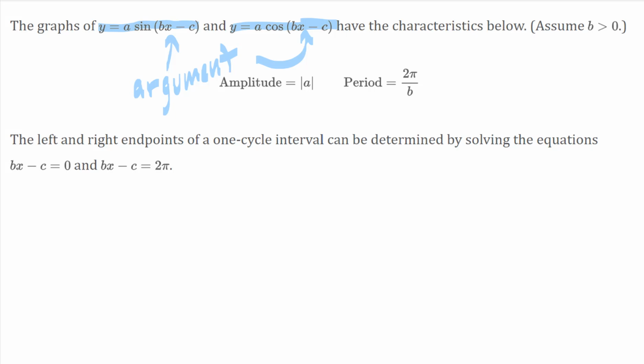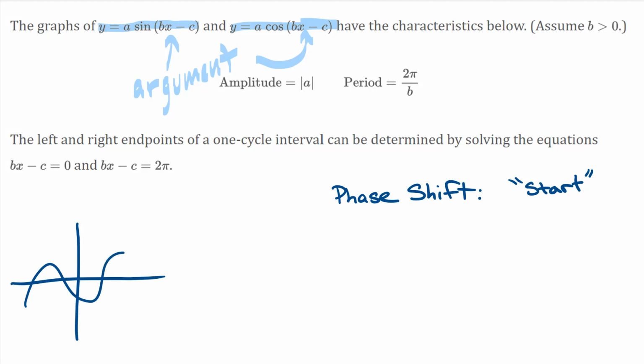Well, let's define the phase shift a little bit. I kind of call it the start. Now, there's no start to a sine or a cosine, right? Sine, cosine, they go on forever.